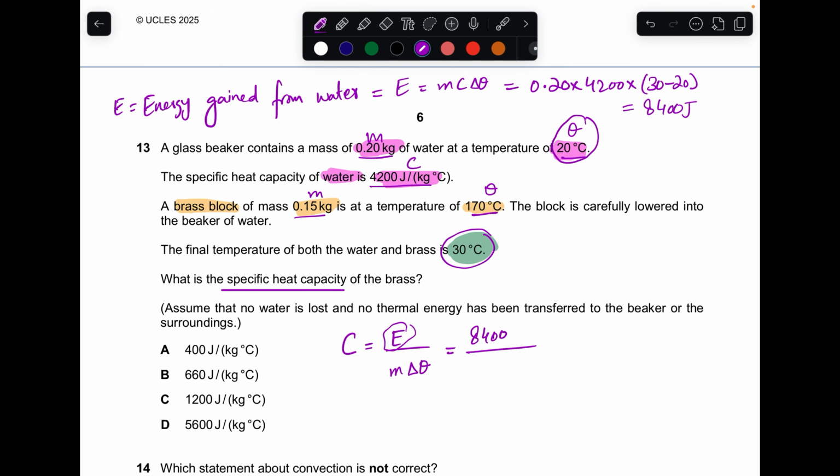The mass of the brass rod is 0.15, and its change in temperature: it was 170 and then came to 30, so 170 minus 30. When you do the calculation, it is 8400 divided by 21, which gives you 400. So option A is correct.